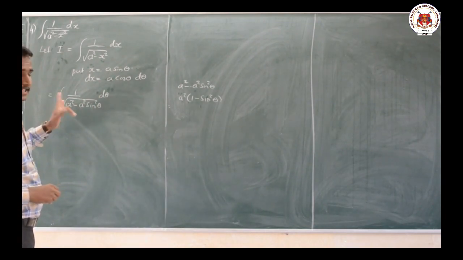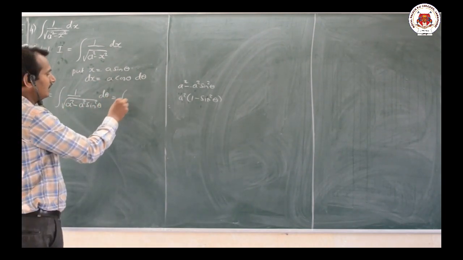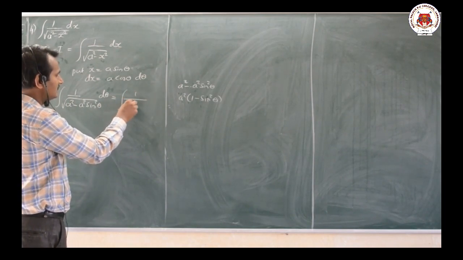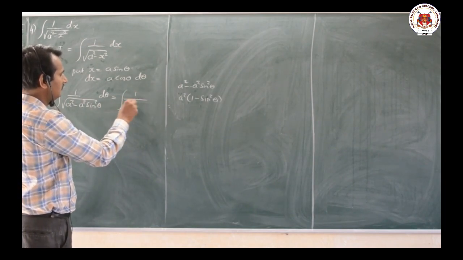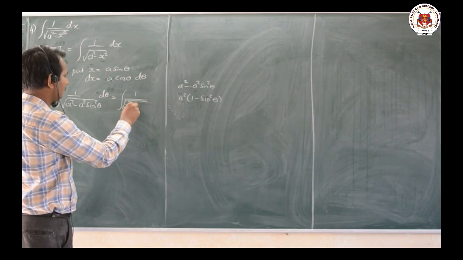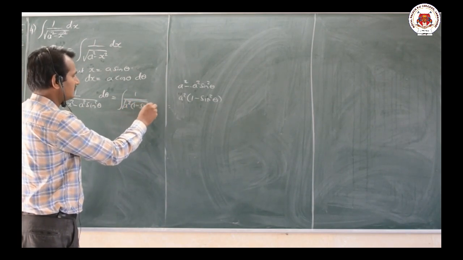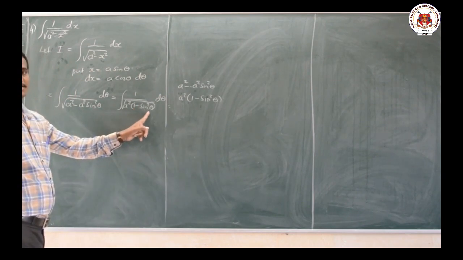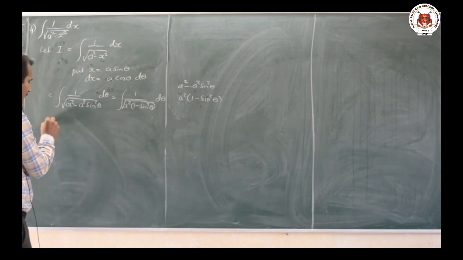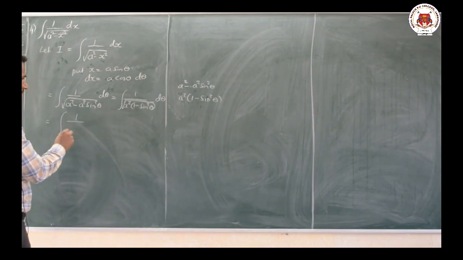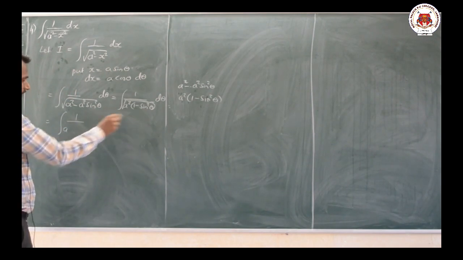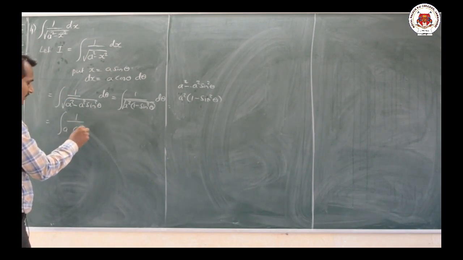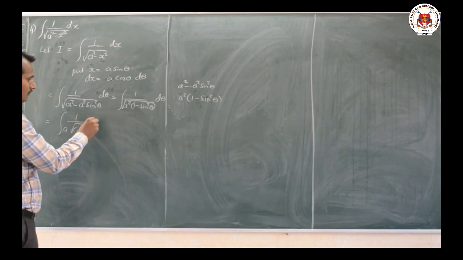Taking a square common, in the bracket we have 1 minus sin square theta into d theta. 1 minus sin square means cos square, so it equals integration of 1 divided by a, root of cos square theta, into d theta.